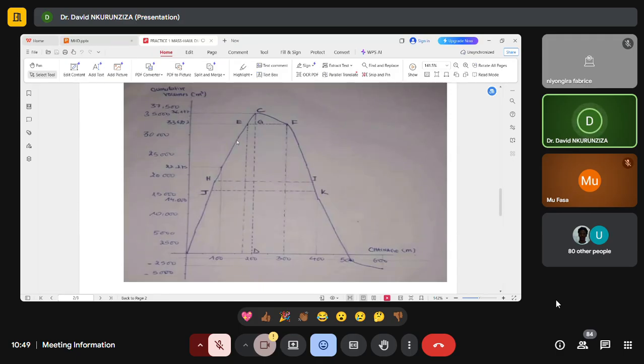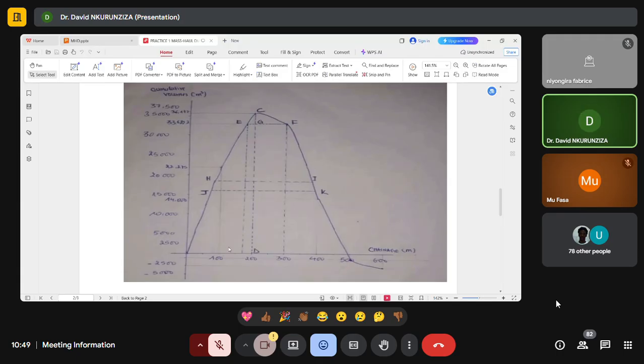If you have another balance line, maybe like E and F, you can use this area and you have a volume of 3000. But when you are here, the volume is zero and the area is too much. So that's what we call the average haul distance.